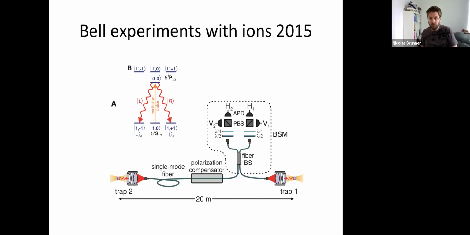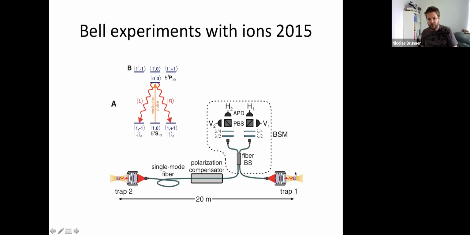So what you are going to do here is manipulate this atom such that it will emit a photon, which you will collect here and then send into some optical fiber.